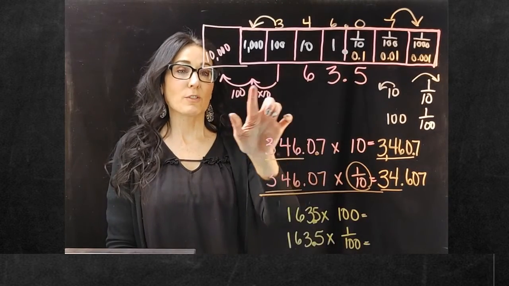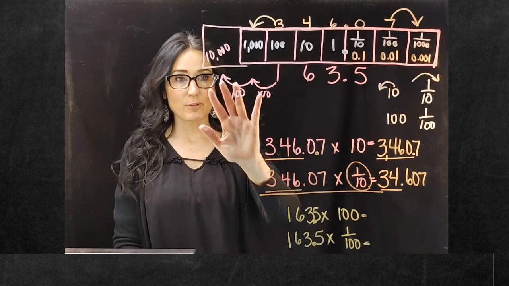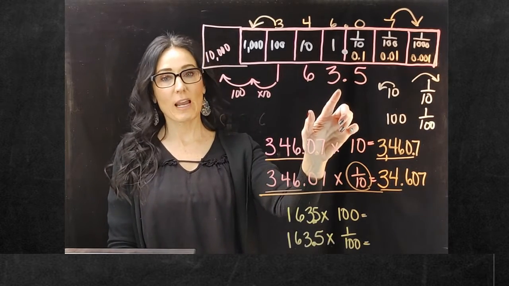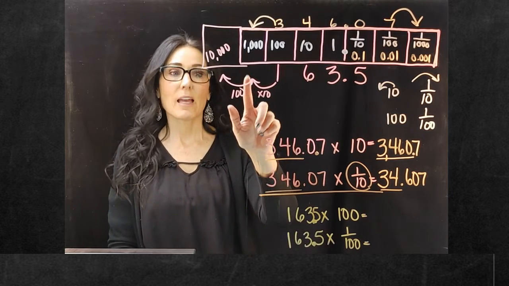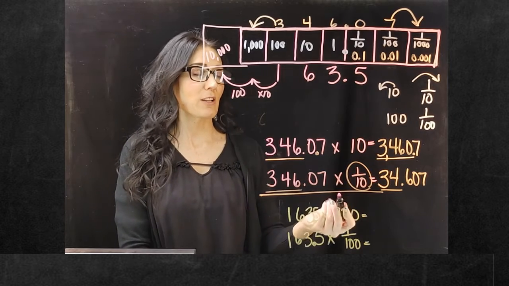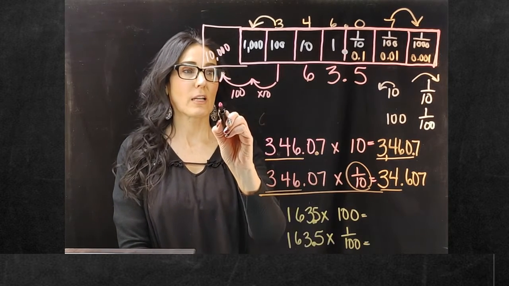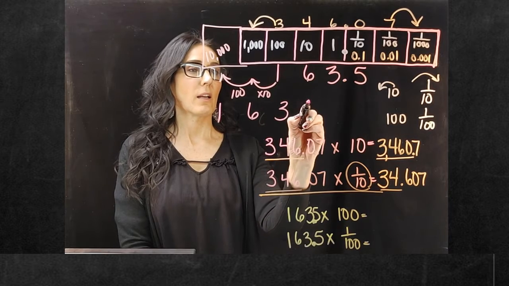Since we're moving this all the way over, all the numbers get moved. So 163 and 5 tenths will no longer be 163. We're going to times it by 10, and then times it by 10 one more time, which would give us 100 times larger. So my final answer here, when I shift this over, is going to be 1, 6, 3, 5.